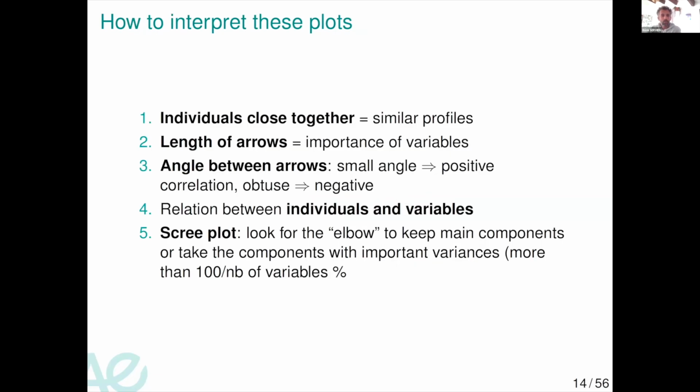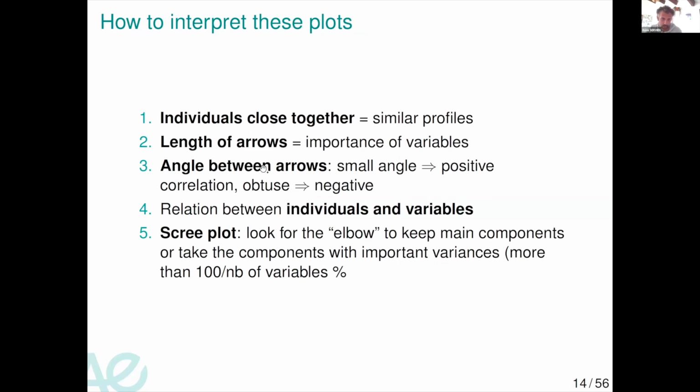So if you want to interpret this plot, as I already said, if the individuals are close together, they share similar profiles. The length of the arrows of the variables is linked to the importance of the variables on the principal components.